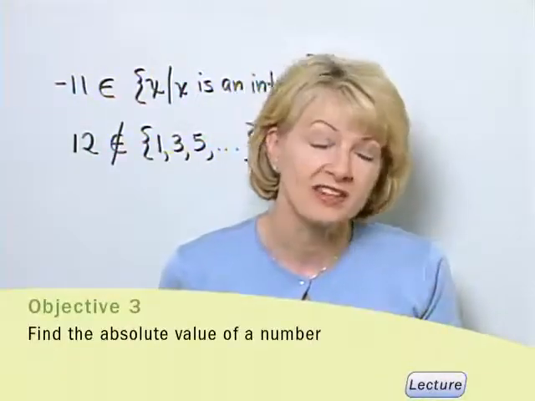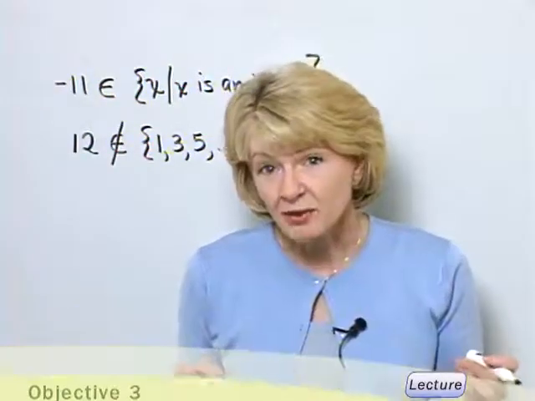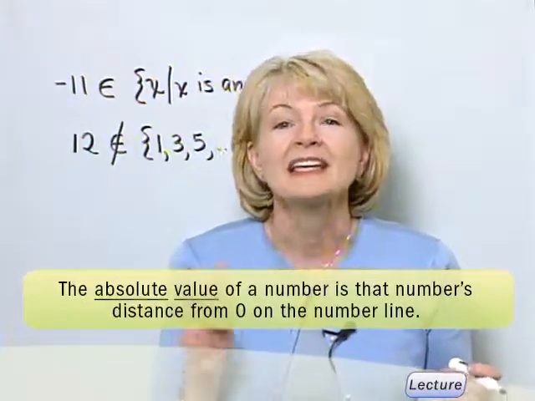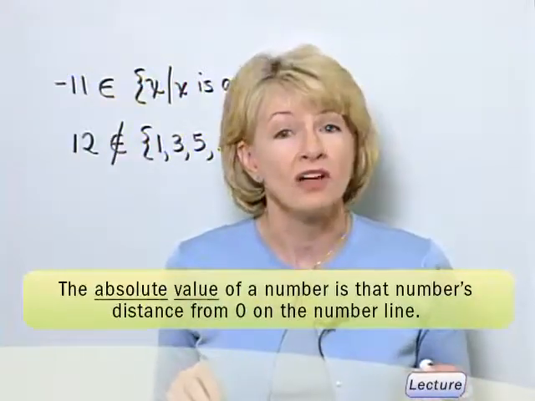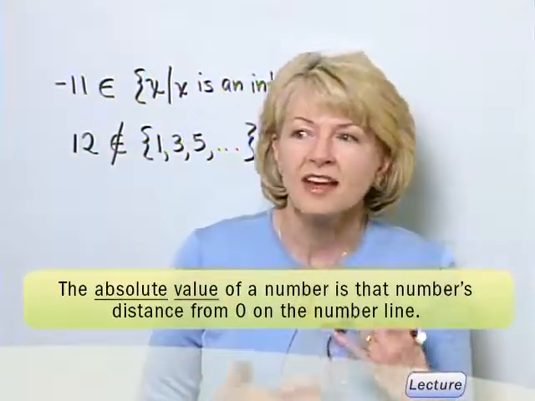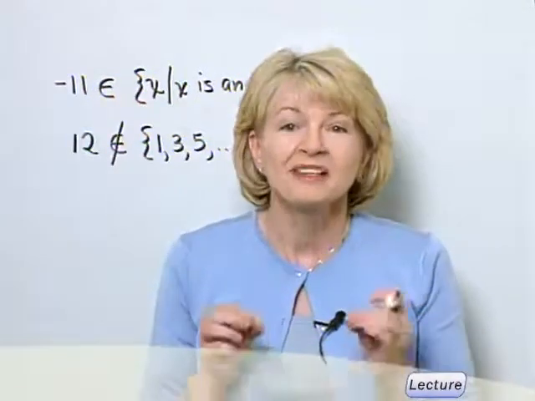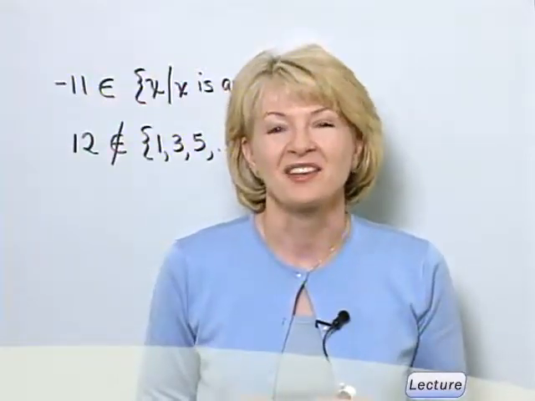Next, we want to discuss absolute value. Now, if you have a number line, the absolute value of a number is that number's distance from 0 on the number line. So that's a number line description of absolute value, but let's look at a formal definition of absolute value.